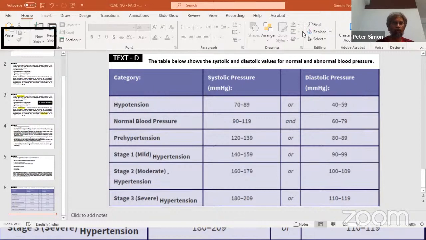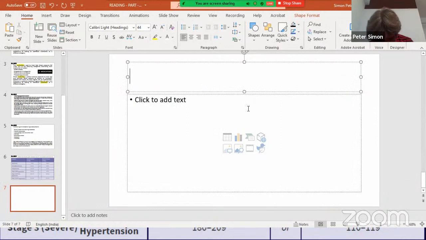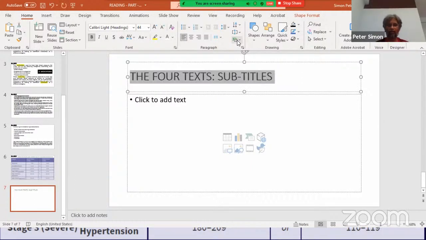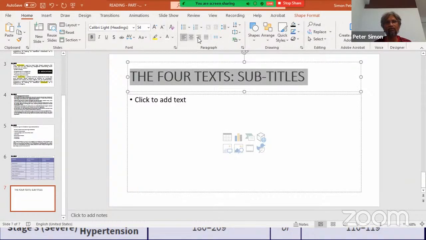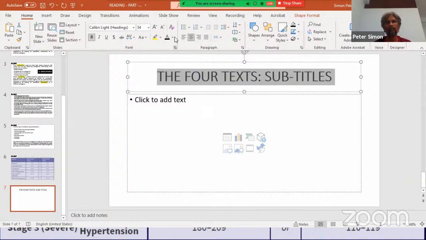Now, the 4 texts. So we want subtitles for that. Titles we already know. We want subtitles. That is the meaning I am telling you. We want subtitles.